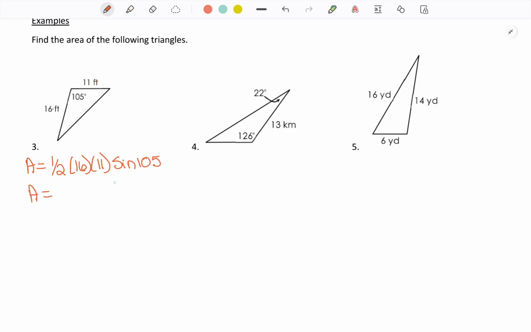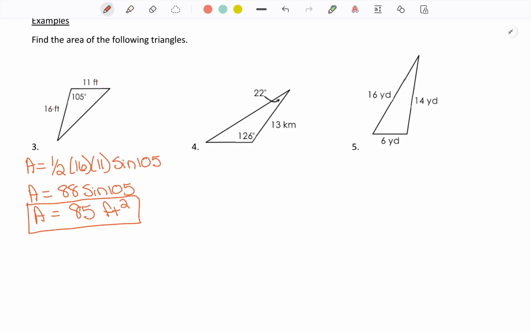So 1/2 times 16 is 8. 8 times 11 is 88. So we have 88 sine 105. And that gives us 85 feet squared when we put that in the calculator. And there we go.